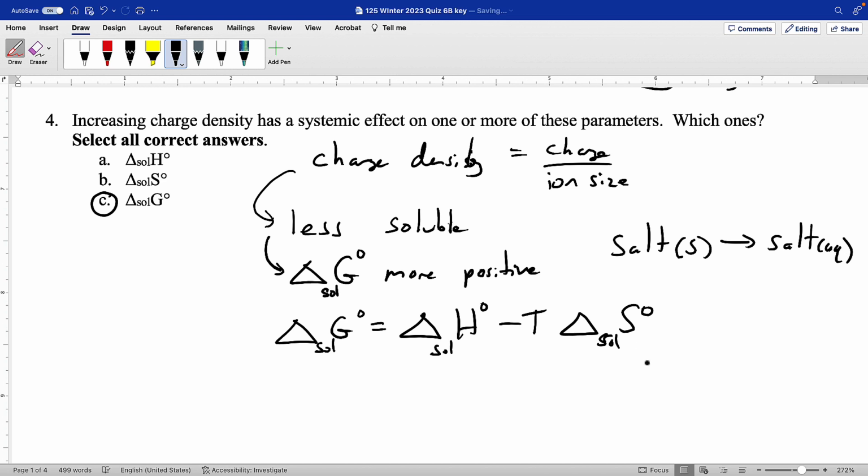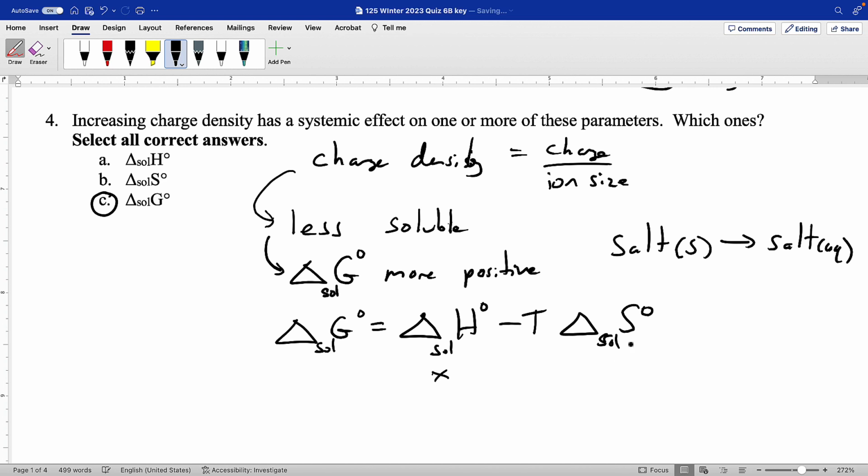So which one is it? Well, when you break a salt apart, that costs energy, and the bigger the charge density, the more energy it costs. And when that salt interacts with water, that releases energy, and the more charge density, the bigger that effect is. So there's no net effect here.